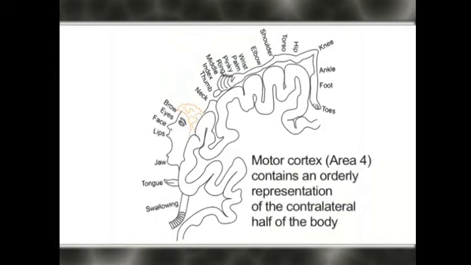And this relates to the very fine motor movement which is necessary for speech, and the very fine motor movement that's necessary for dexterity of the fingers. So you see, again, a disproportionate representation based on what's important. So the map is similar, but not identical, to the map you saw in somatosensory cortex.